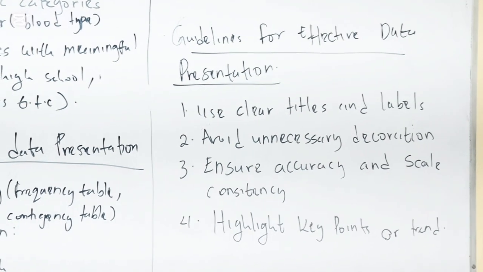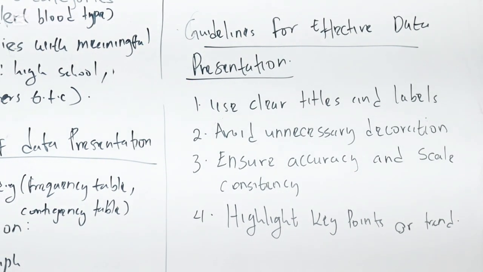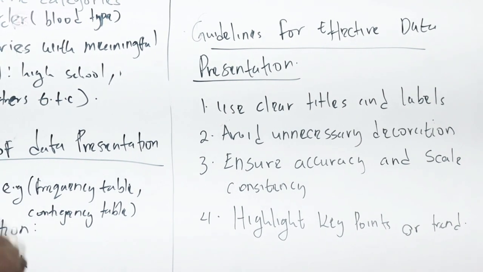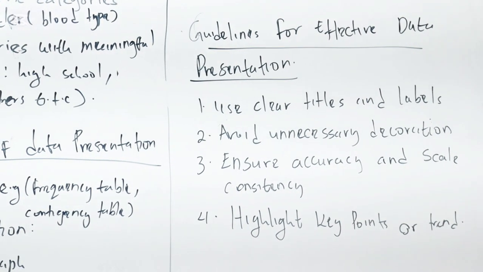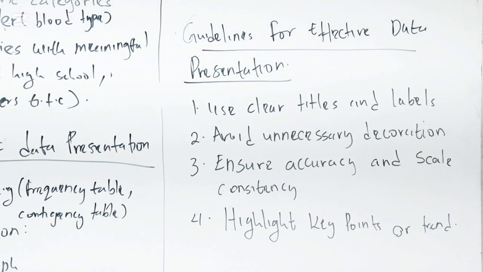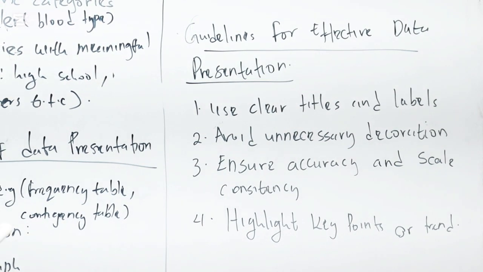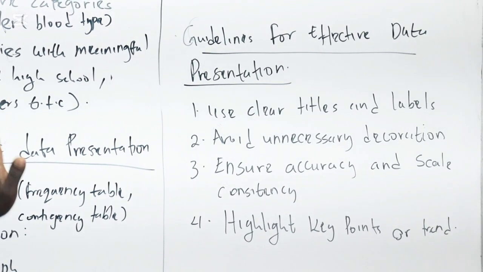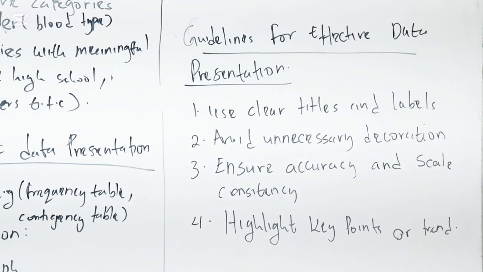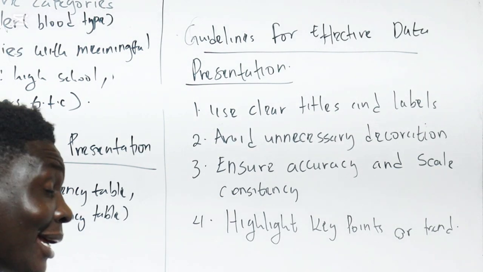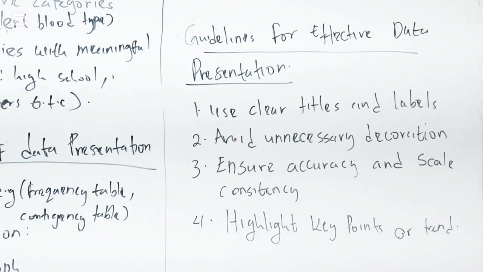For example, if we are doing time series data, maybe checking the trend of sales, indicate the title of the time series data you are drawing. Don't just draw a blank graph without a title or labels. Make sure you label all the axes, the X and Y axis. Make sure the scale is indicated well. Indicate the variable on the x-axis and the variable on the y-axis.